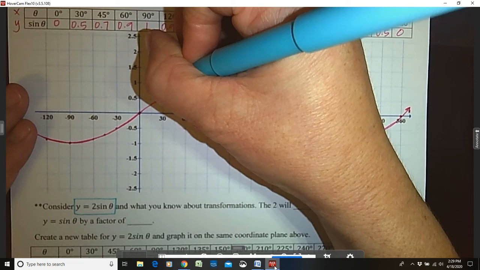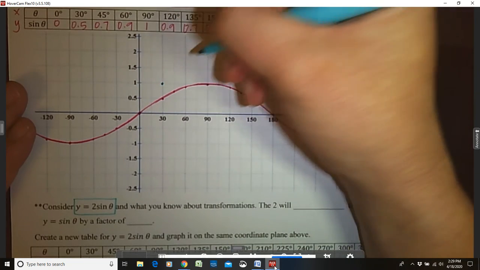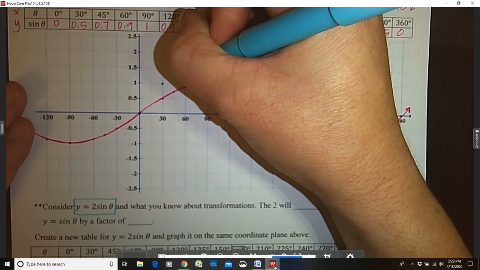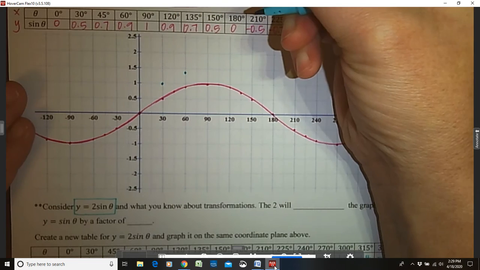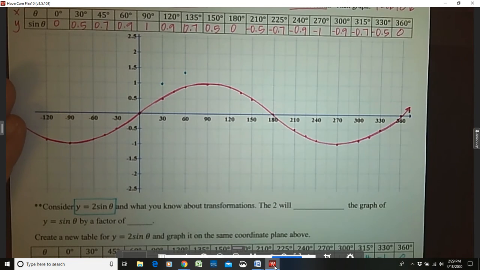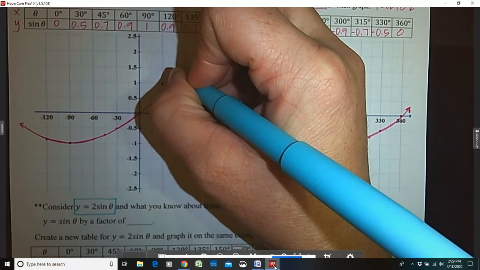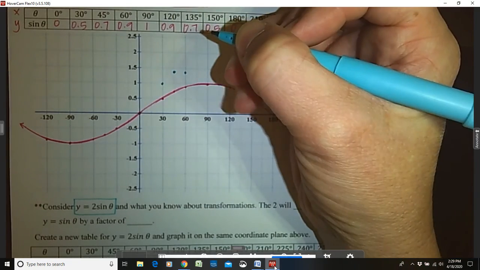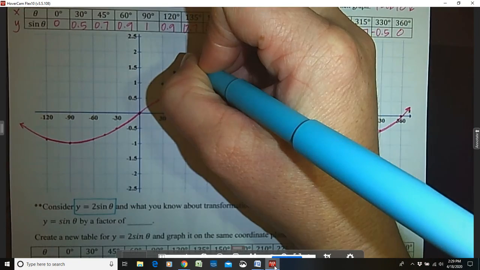If I plot these, you will see that my graph definitely looks a little bit different. I just put them on the wrong spot. So I have 45 is at 1.4 and 60 is at 1.8.